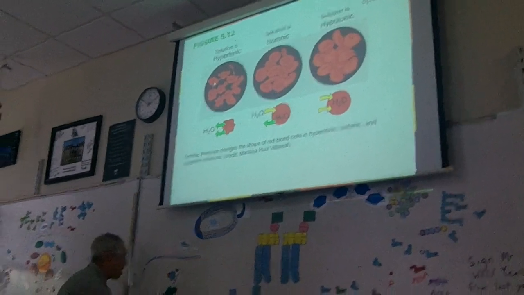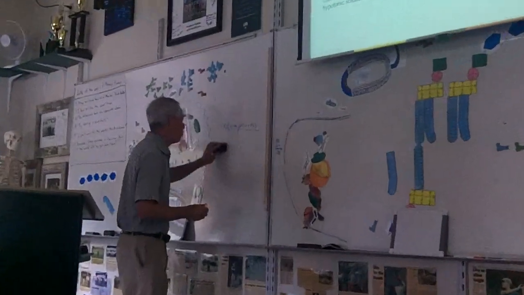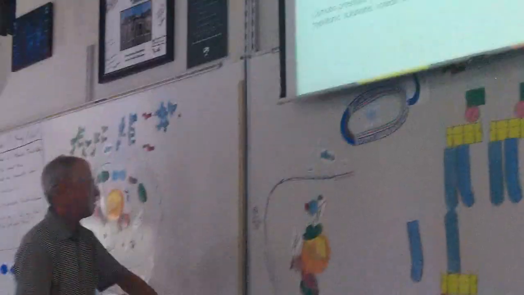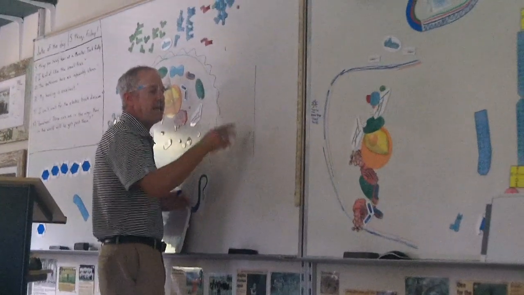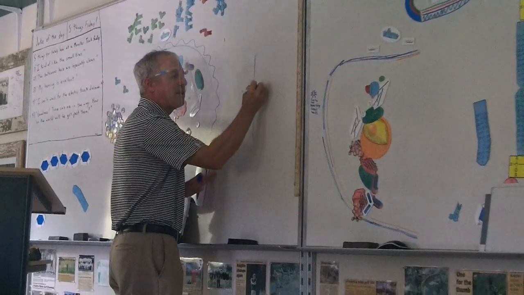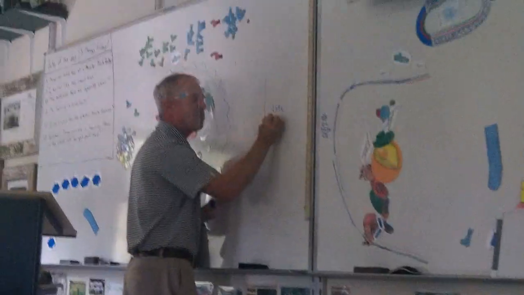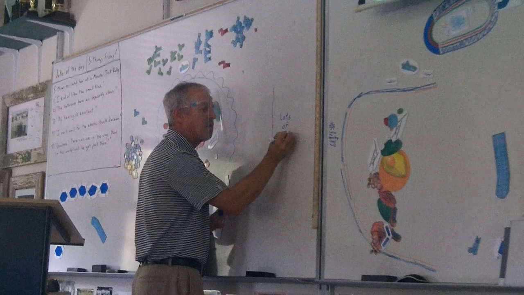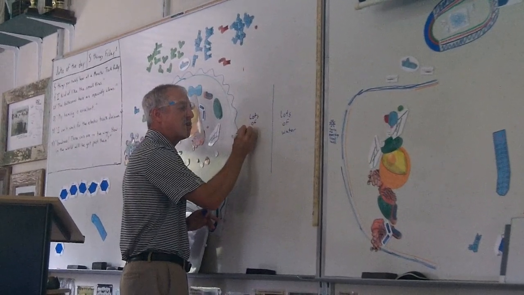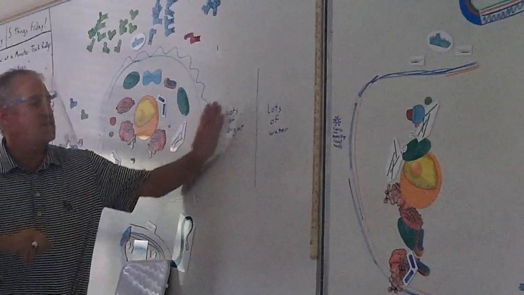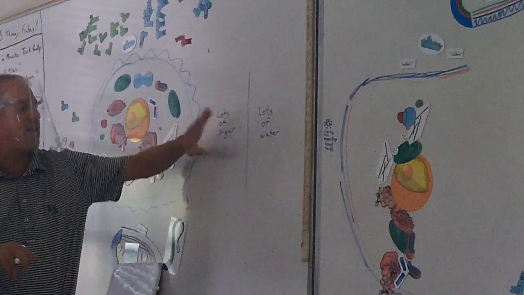The words hypertonic and hypotonic are words of comparison. So if we have a separation here, a membrane, and on this side we have lots of water, and on this side we have lots of sugar, which side would you say is hypertonic?